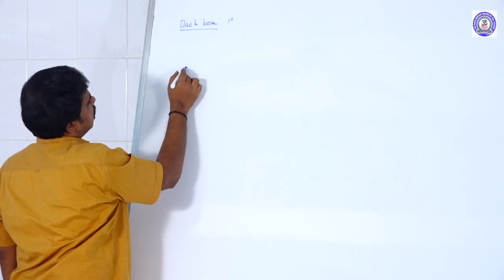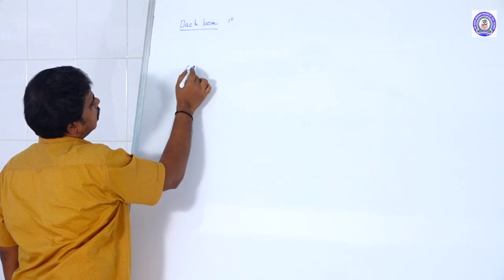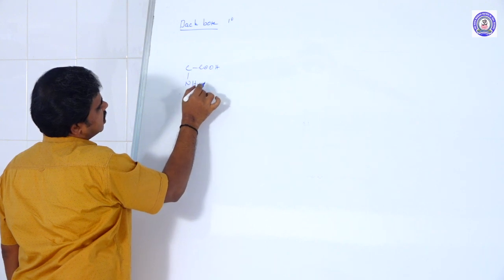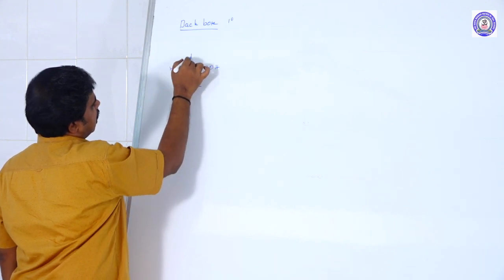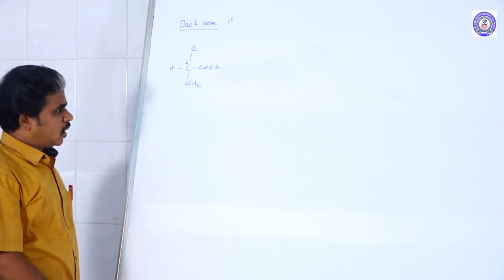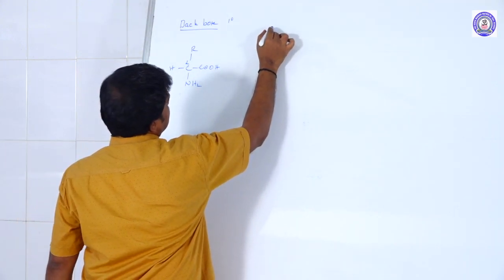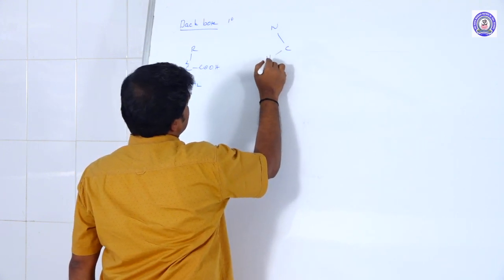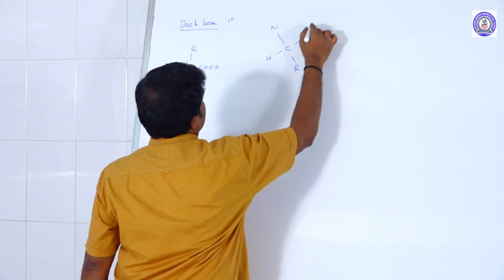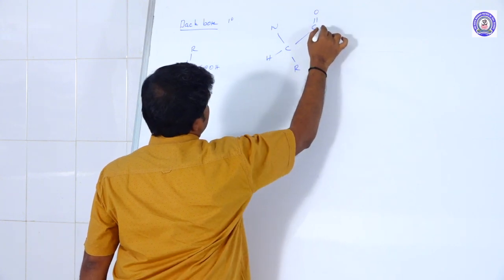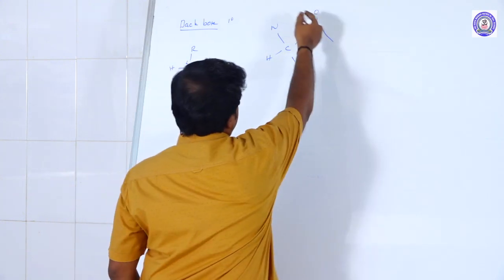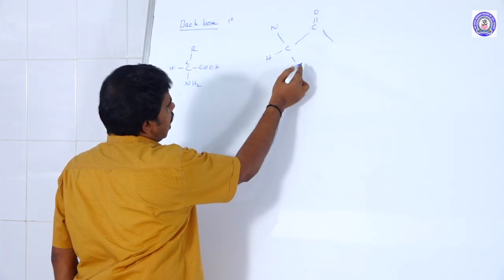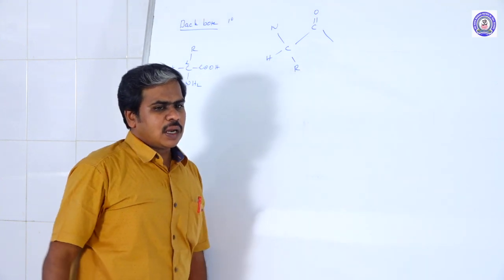So here the R group, that is alpha carbon, and COOH group, and NH2 group is attached with the alpha carbon, and here H and that R. Now we may take that here N, and here C, and here H and R, and C double bond O. Then it is one amino acid. It is dependent on the R group.